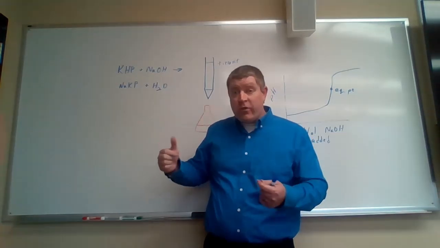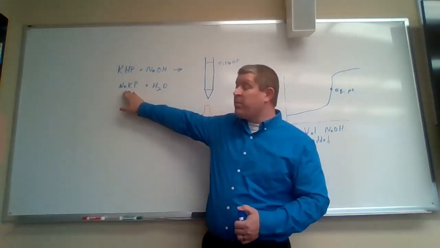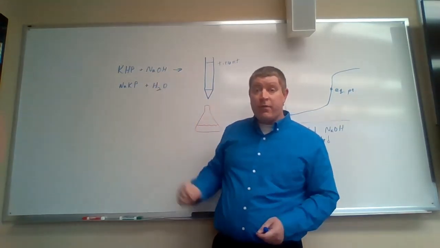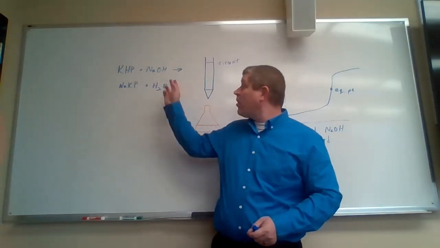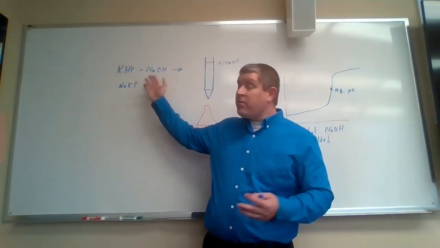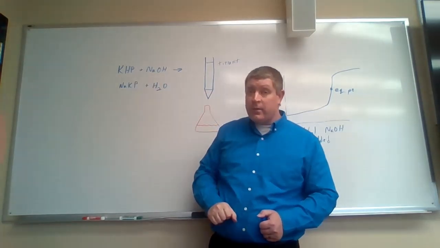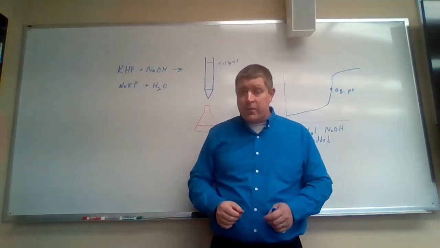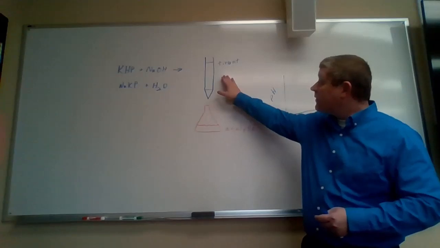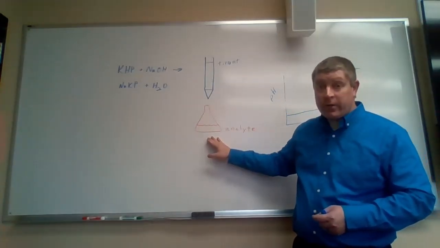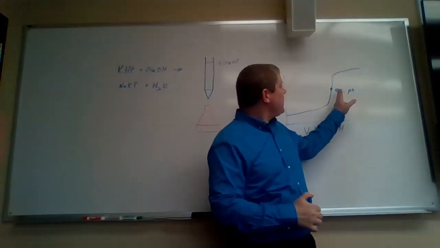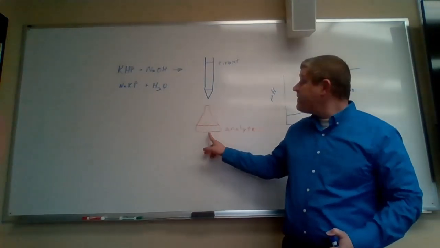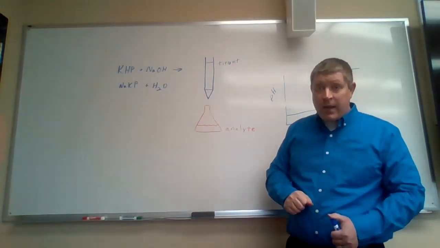As we add additional sodium hydroxide, we now have our weak base, the phthalate ion, and there's nothing left for the sodium hydroxide to react with, because a strong base is not going to react with a weak base. We have no other acids because we've reacted away all of the KHP. And so now we're just adding more strong base, and it's just building up in the flask. It's going to be more dilute than it is up here in the titrant because we have more water around, but that's why the pH continues to climb. And it eventually levels out because the concentration in the flask can never get any higher than the concentration up there in the titrant.